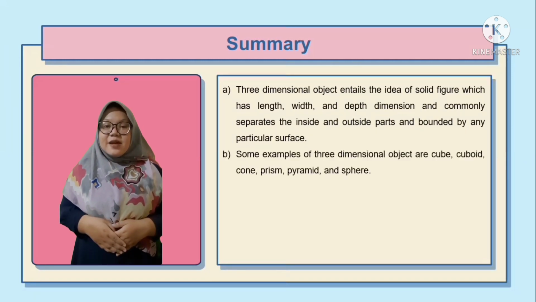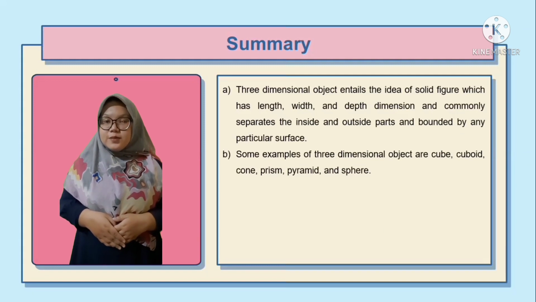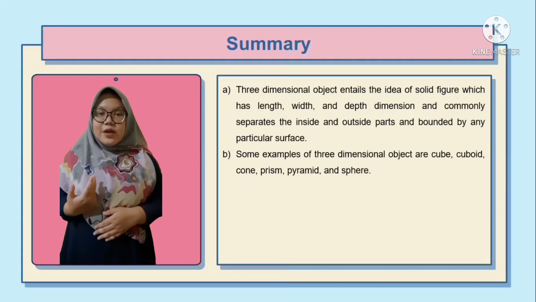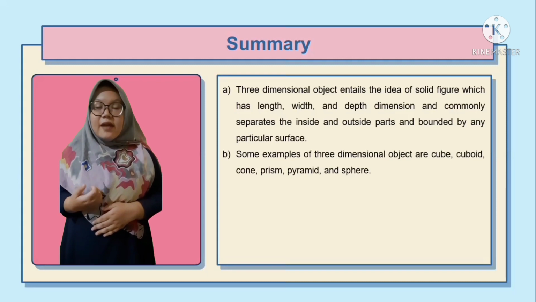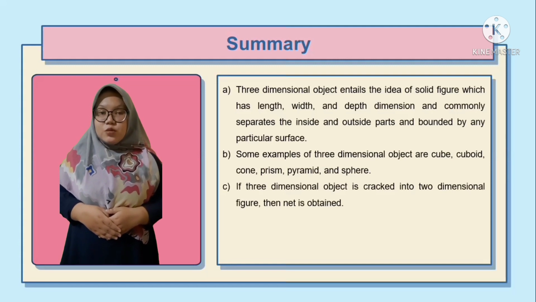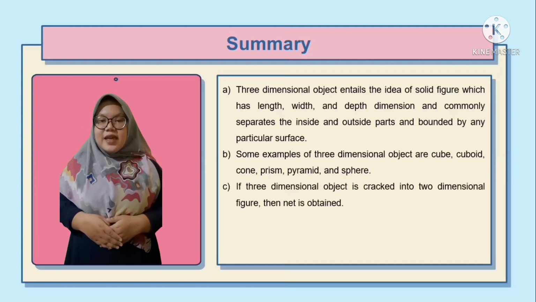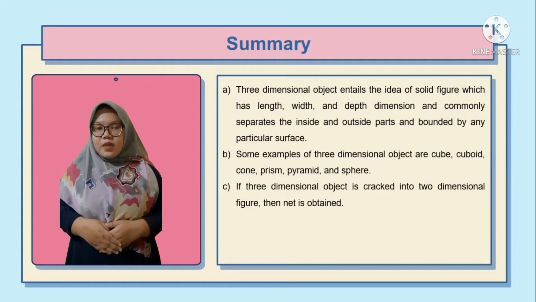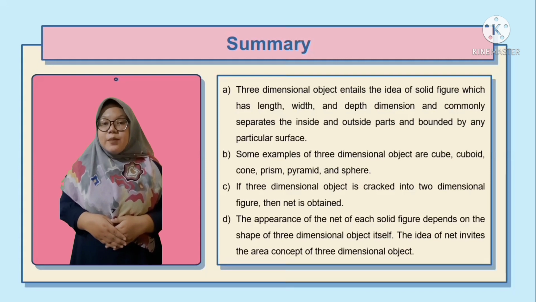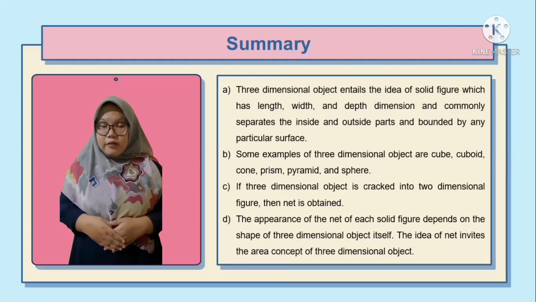Second, some examples of three-dimensional objects are cube, cuboid, cone, prism, pyramid, and sphere. Third, if a three-dimensional object is cracked into a two-dimensional figure, then a net is obtained. Fourth, the appearance of the net of each solid figure depends on the shape of the three-dimensional object itself.